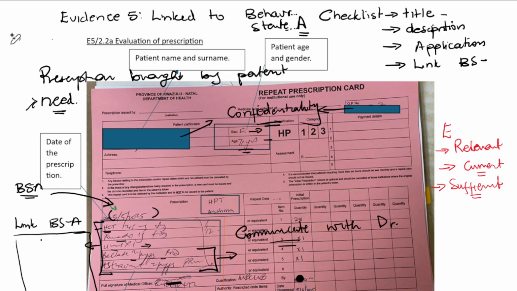I then asked the patient open ended questions to check what they understood about the inhalers that they are prescribed and the rest of the medication. I then waited for the patient to respond. The patient said that they know how to use the hypertensive medication since they've been using it for years, but they were recently prescribed beclomethasone.